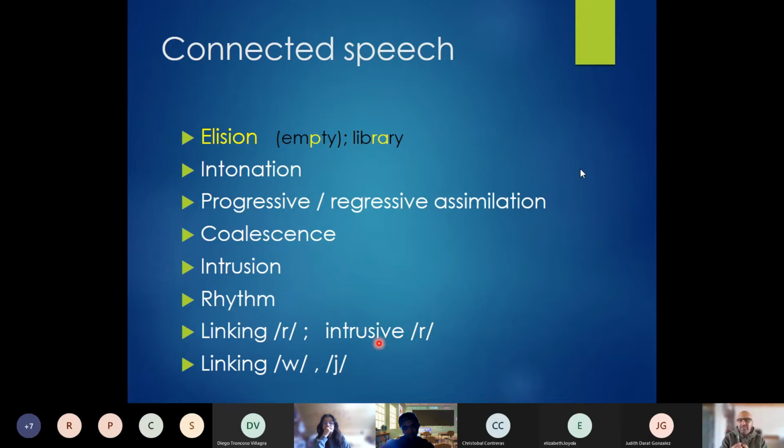Idiolect is the individual way that one person speaks. So one person just elides a particular consonant sound. So this elision may happen in one individual, in his or her idiolect, right? The word idiolect is written like this, which is your own personal way of speaking, your own idiolect.